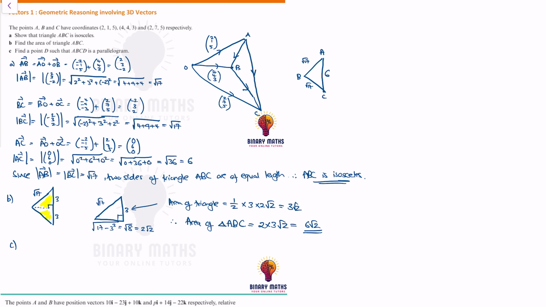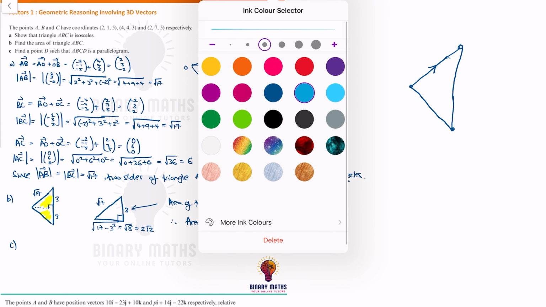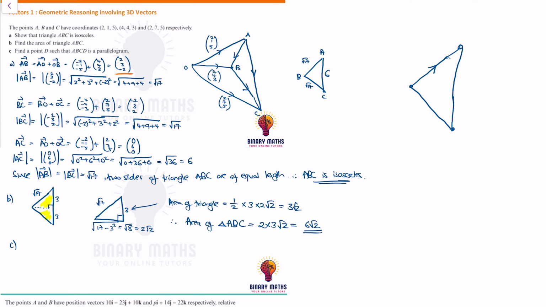Okay, part C now. It says find a point D such that ABCD is a parallelogram. So if I draw out the triangle again, we know A to B is the vector (2, 3, -2).